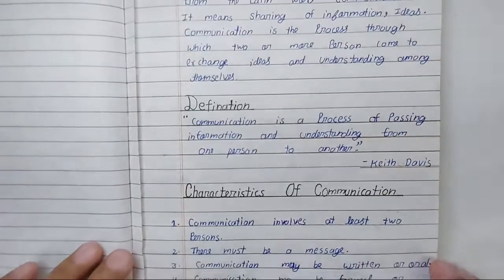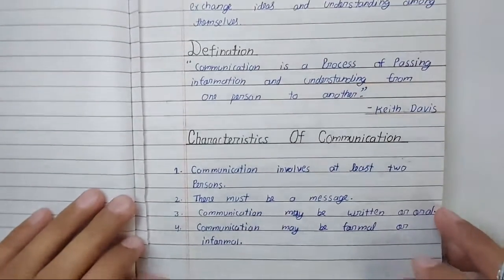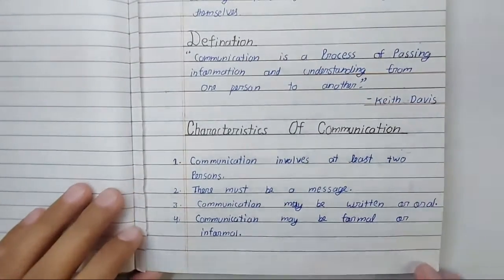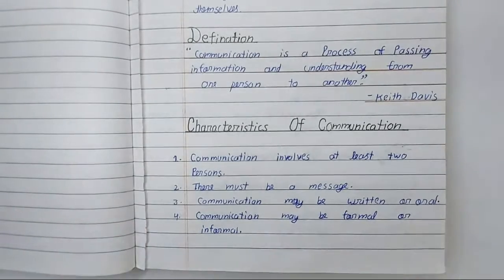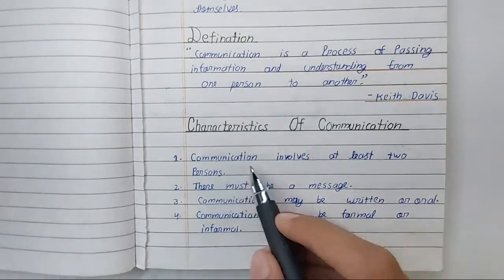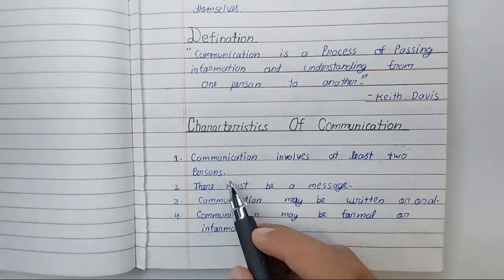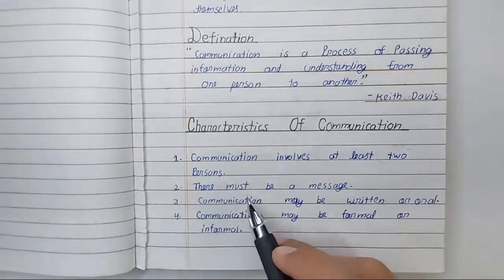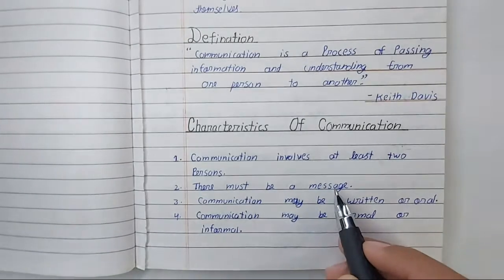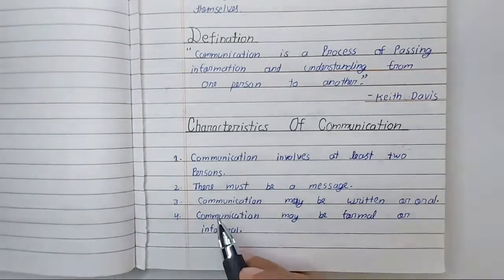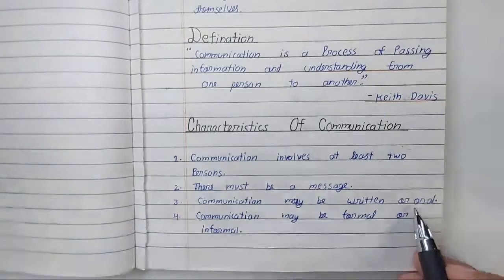Characteristics of communication. There are several characteristics of communication. First one is communication involves at least two persons. Second, there must be a message. Third one, communication may be written or oral.